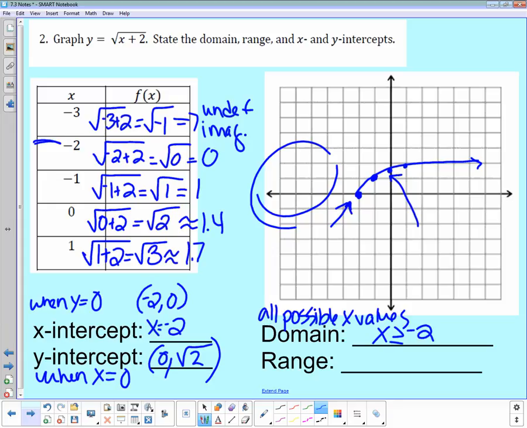And as far as our range, it's all possible y values. If we look at our graph, notice that we have no y values below our x-axis, or below y equals 0. So we know that our range is y is greater than or equal to 0.